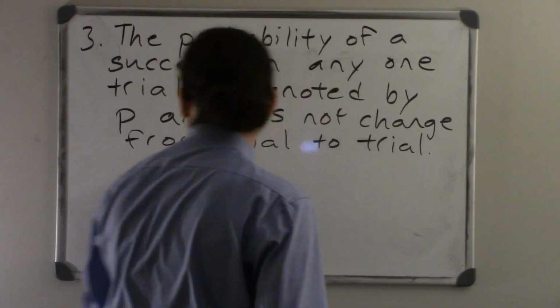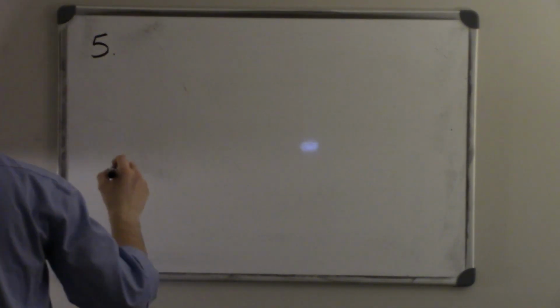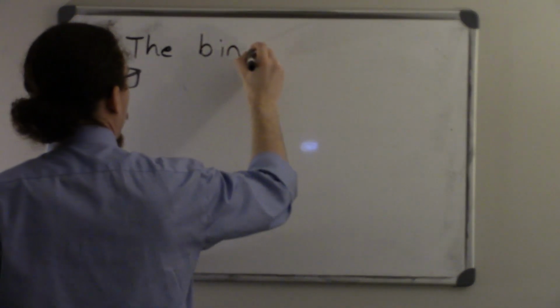All right, and then the fifth and final condition is really more of just describing what our random variable is.